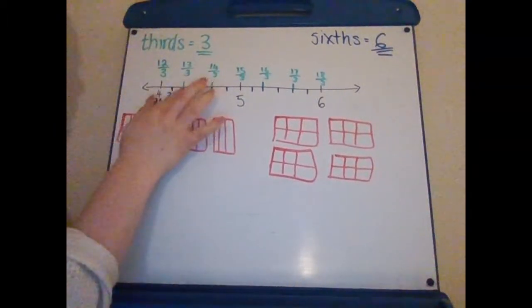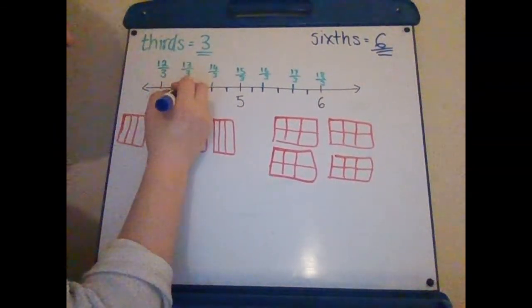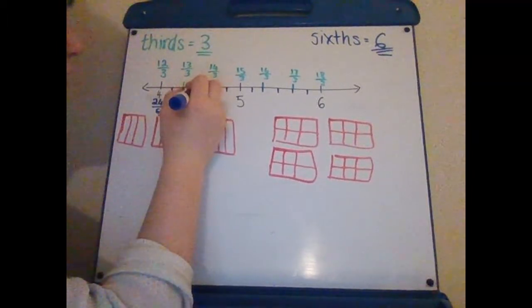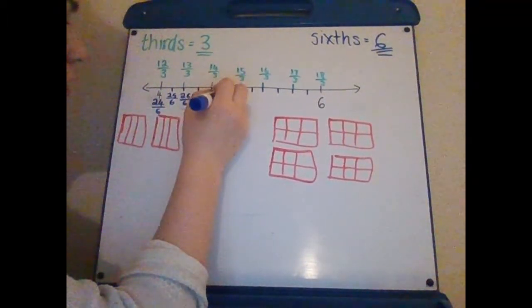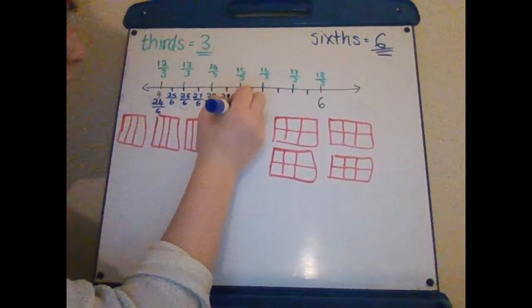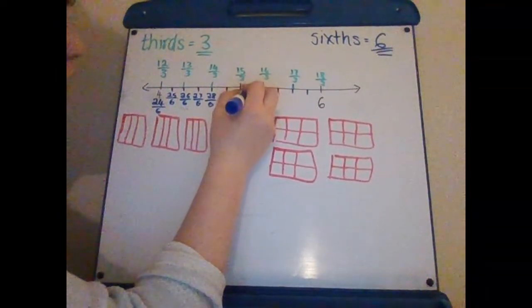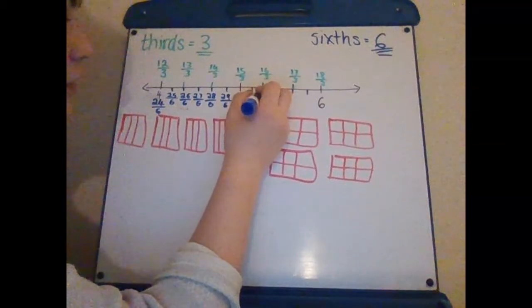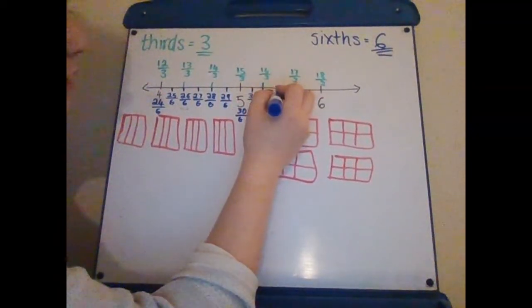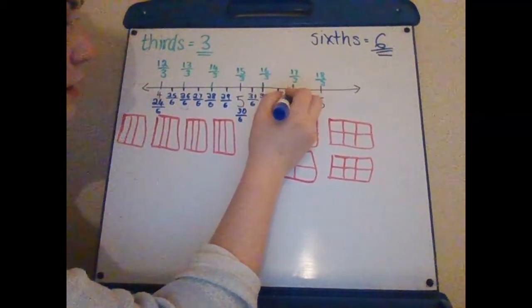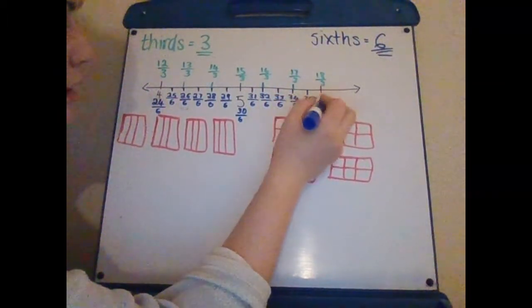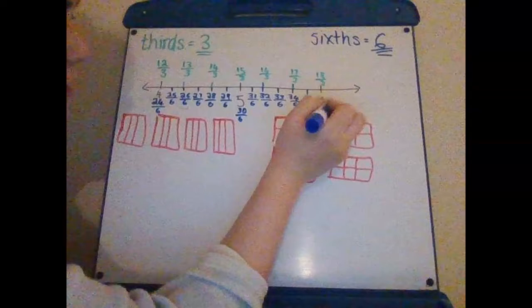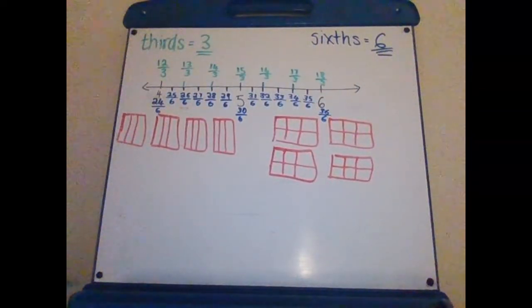Oh, I always skip the number we're counting by. 25 sixths, 26 sixths, 27 sixths, 28/6, 29/6, and 30/6, 31/6, 32/6, 33/6, 34/6, 35/6, and 36/6. Okay? Let's have a look and pull out our equivalent fractions to see what we notice.